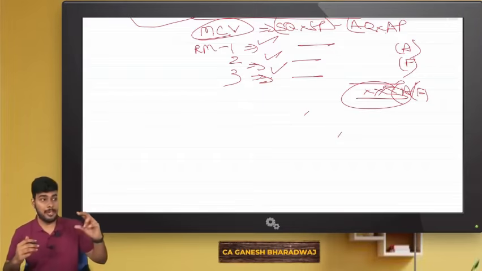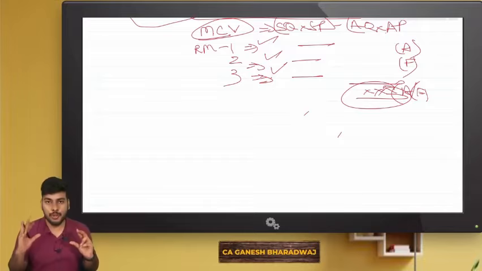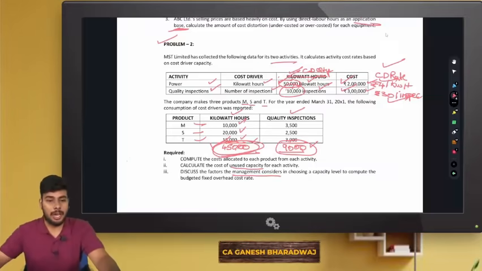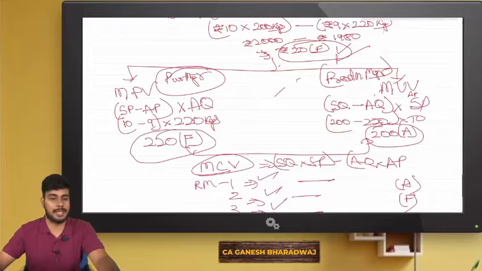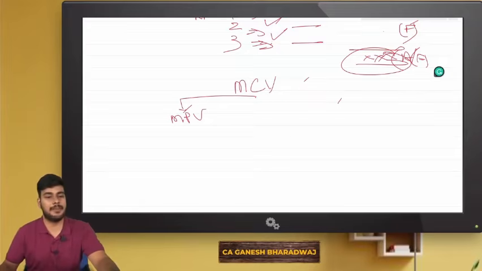when you use more than one raw material to produce an output, your material usage variance comes in. We saw that material cost variance is bifurcated into two: material price variance and material usage variance.